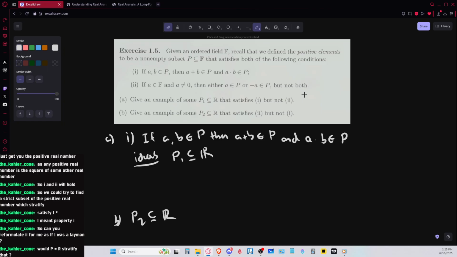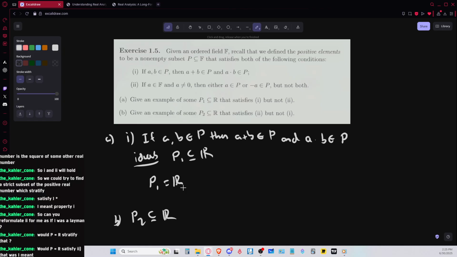So the first one we can probably say that P1 is equal to the real numbers, because then you have to have both in the set in that case.